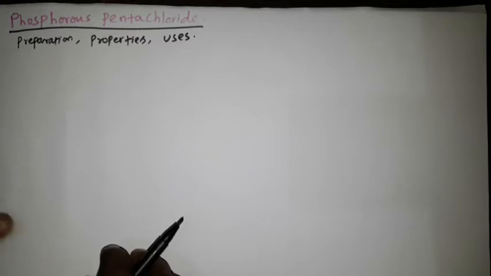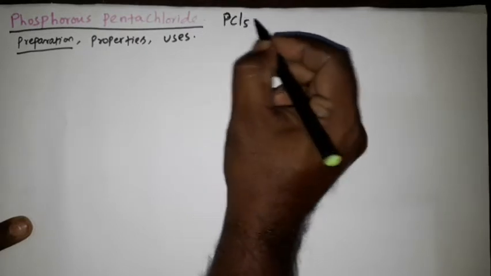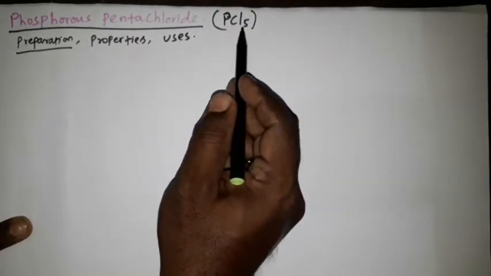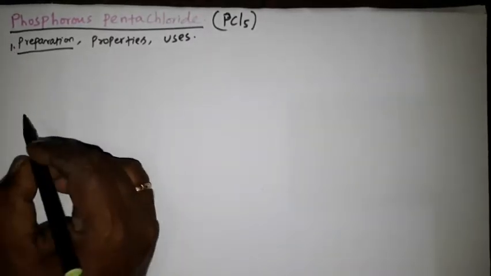Okay, so first one, the preparation of phosphorus pentachloride. Normally the formula of phosphorus pentachloride is PCl5. Penta means 5 chloride. So first one, preparation.